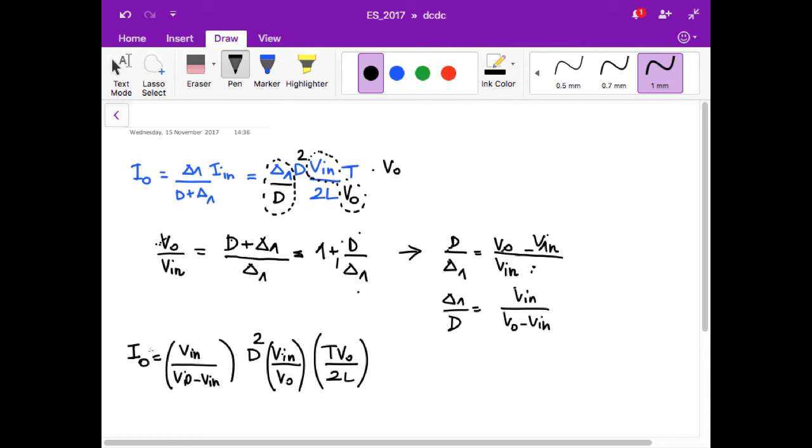So the current only enters here, and therefore if I want to consider at fixed everything else the dependence of D on the output current, I have something like this. This is proportional to the square root of the output current. Okay, at V in and VO fixed.